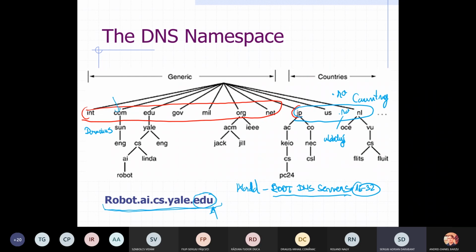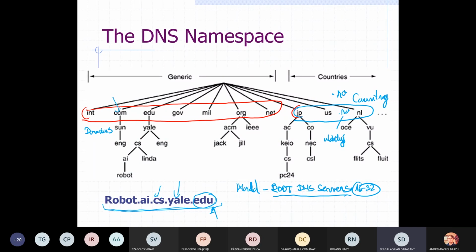Then you ask that name server about the domain Yale. And it will tell you, okay, I don't know how to handle that, but I know a DNS server that can tell you about what's happening in Yale. And then you go to that DNS server and you'll probably find cs.ai.robot. The other components will be answered directly by that name server.